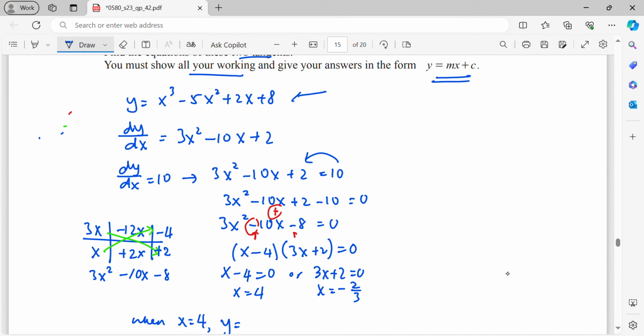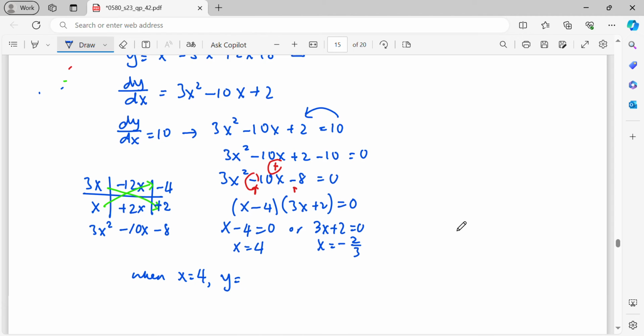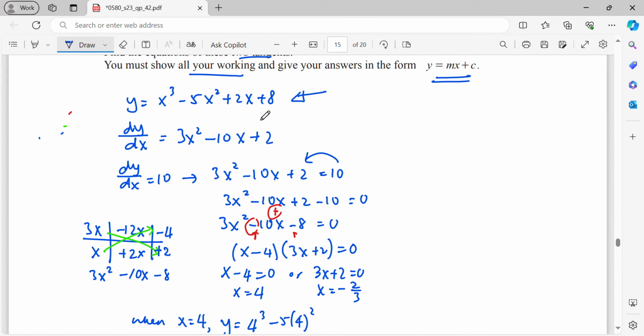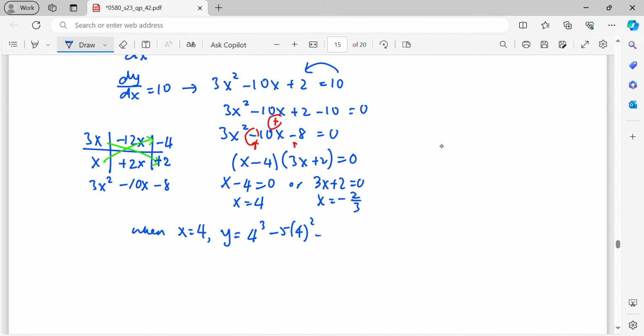Okay, substitute back into this expression, x cubed minus 5x squared plus 2x plus 8. Then this is going to be 0. So another point is when x equals negative 2 over 3.